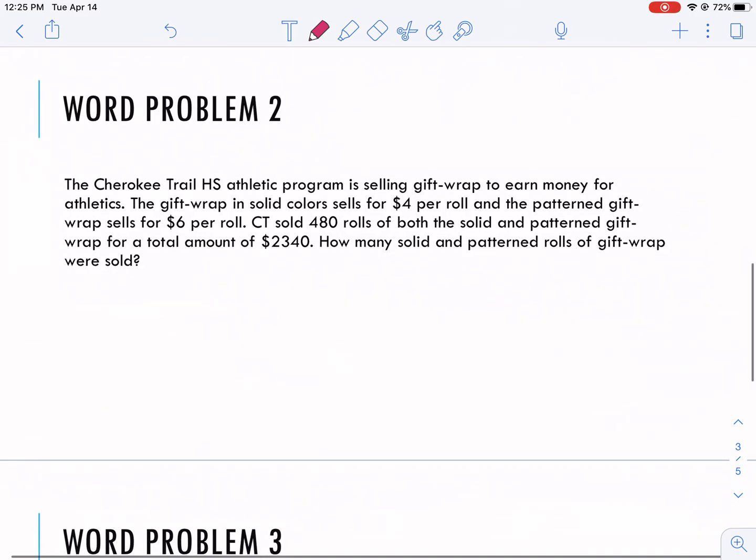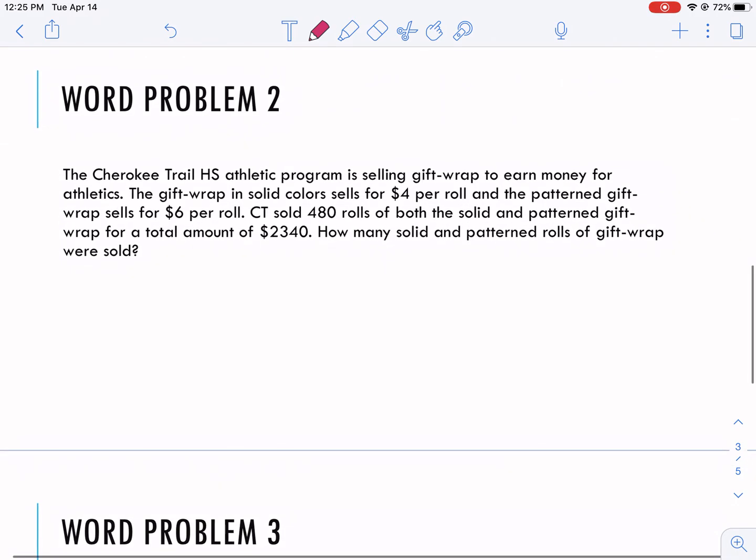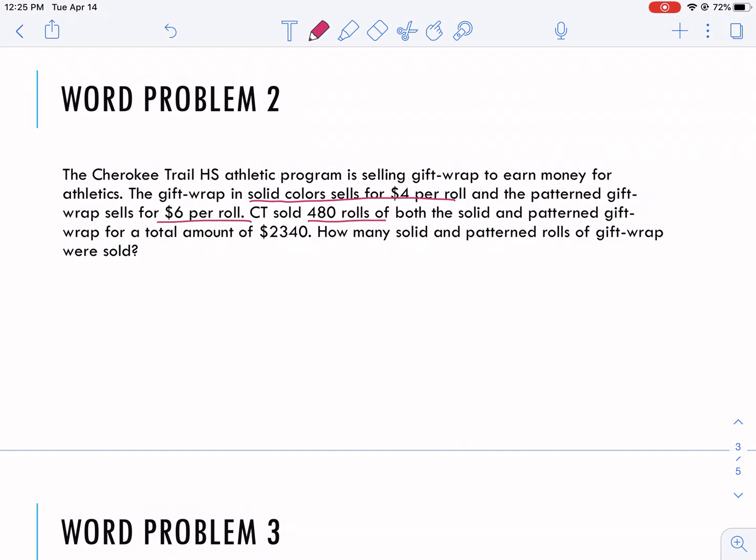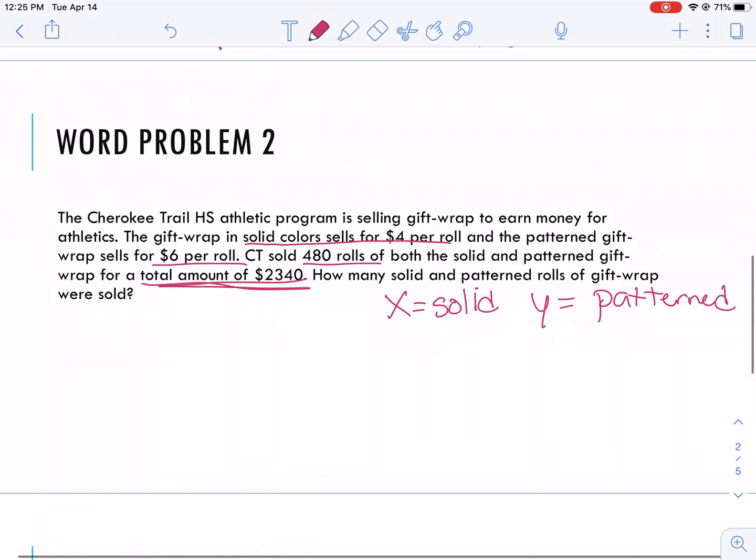All right. So the CT athletic program is selling gift wrap to earn money for athletics. They sell it in solid colors for $4, pattern for $6. So CT sold 480 total and then made a total amount of $2,340. So I want to know how many solid and how many pattern. This one's a little more challenging to write just because it wasn't as clear what the two sentences are.